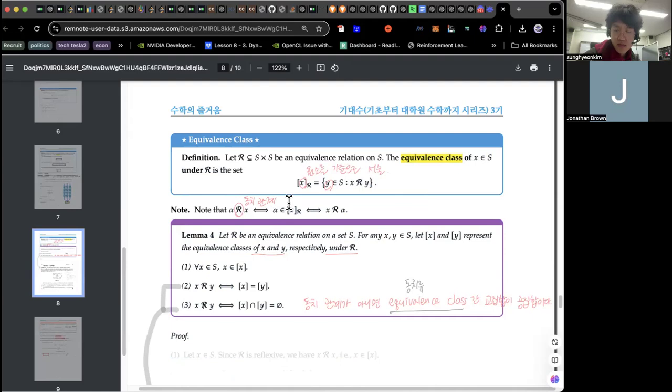So all that's saying is that if y is an element of S, then it is an element of [x]_R under the condition that x is related to y.